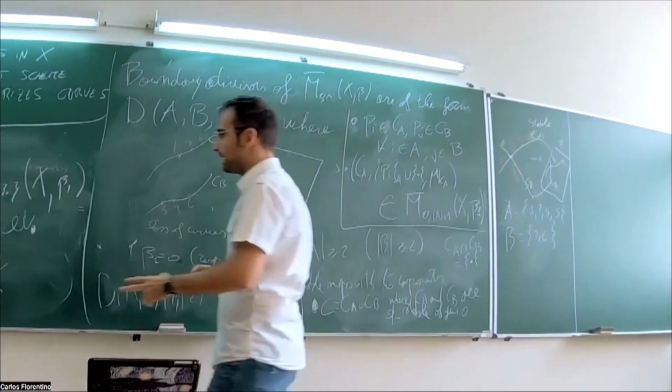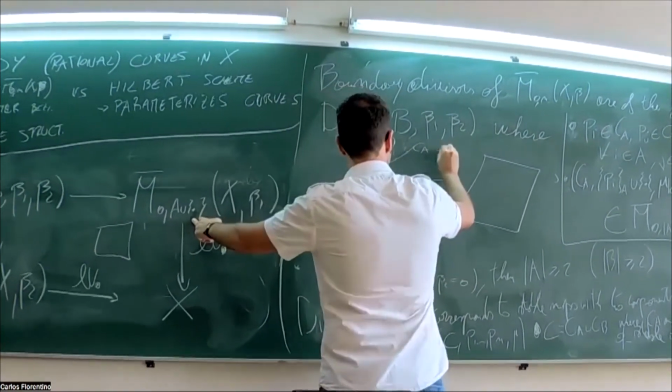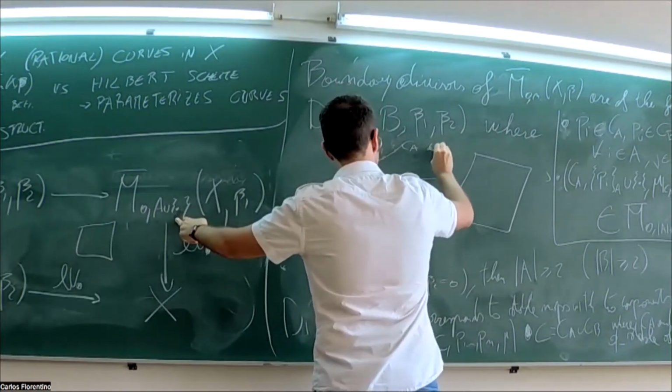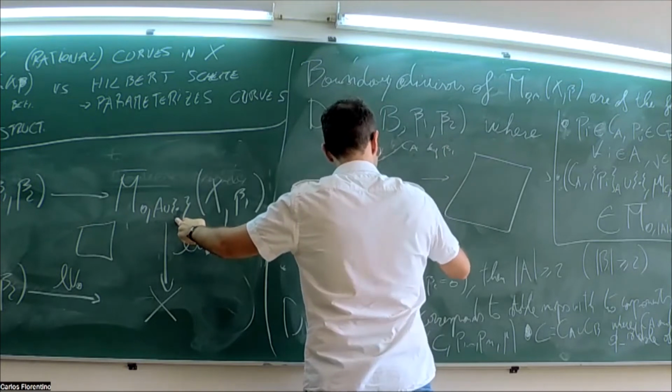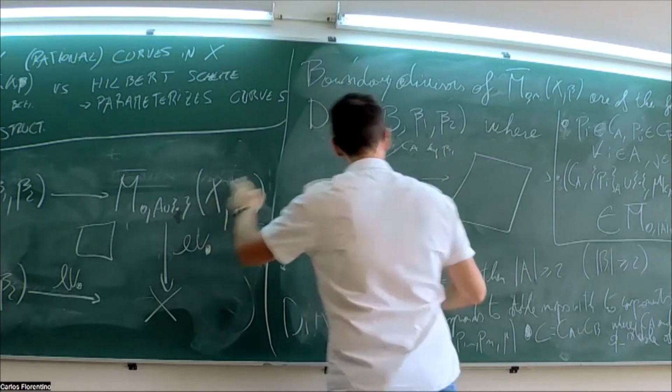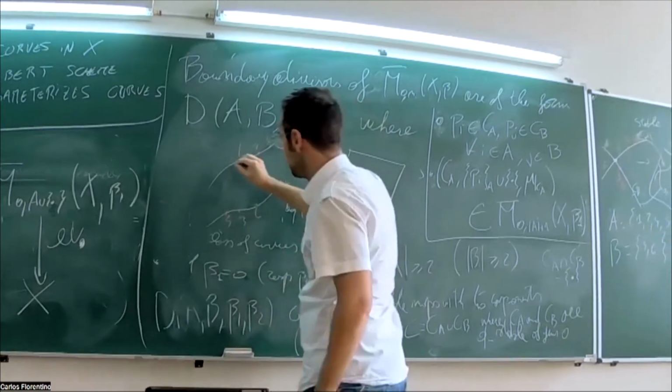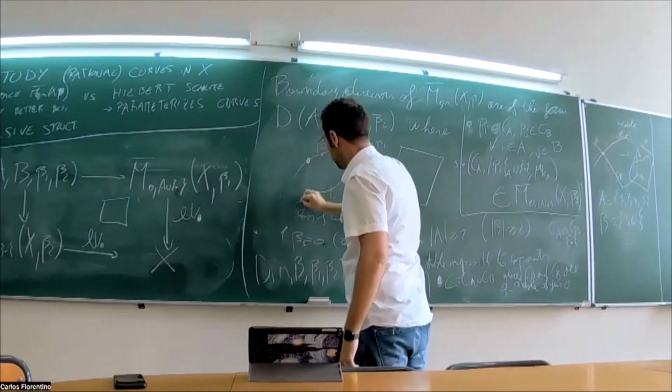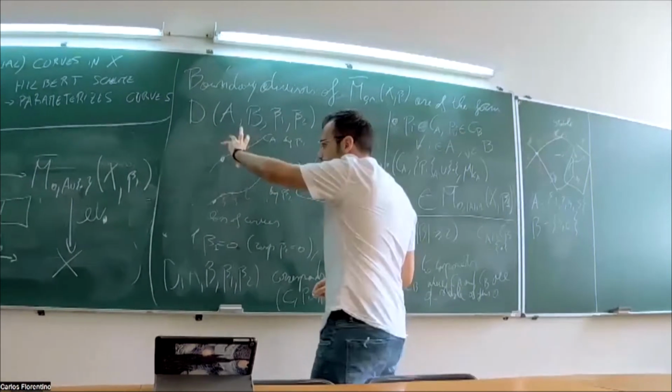This is the image of beta 1 and this is the image of beta 2. Then I add one additional marked point to both curves, and I glue along this.